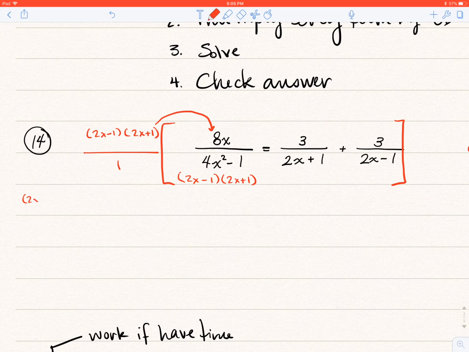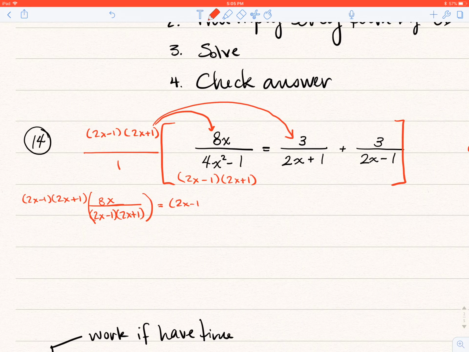So we have 2x minus 1 times 2x plus 1 times the fraction 8x over 2x minus 1, 2x plus 1. Normally I wouldn't write all that out, but I will for the first question. Then I have the equal sign. Take that same common denominator and pass it to the next fraction.